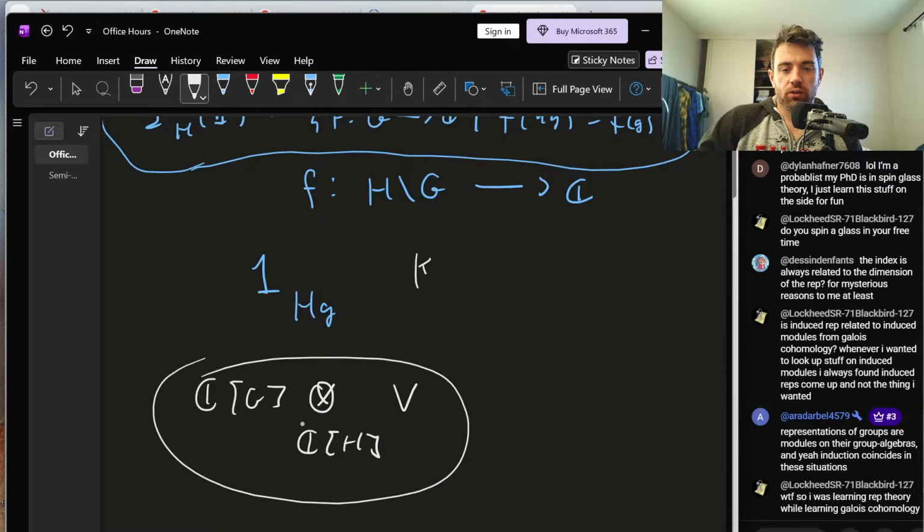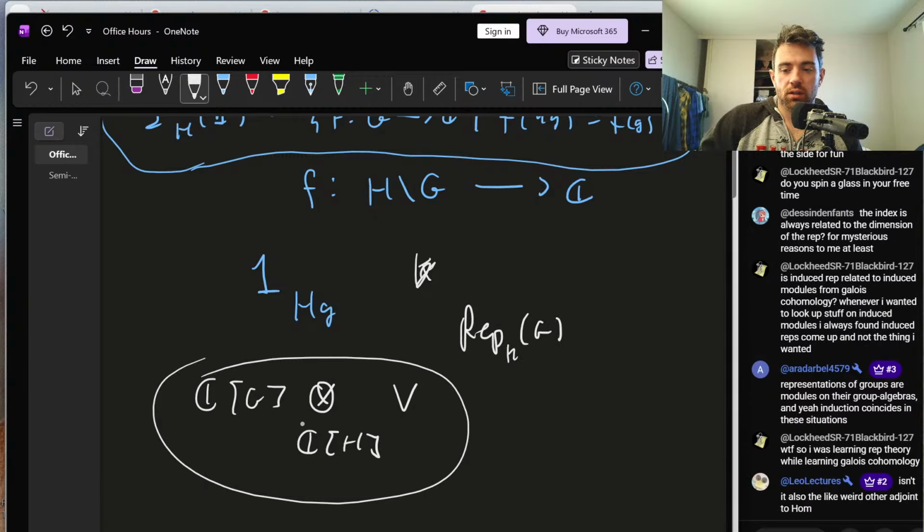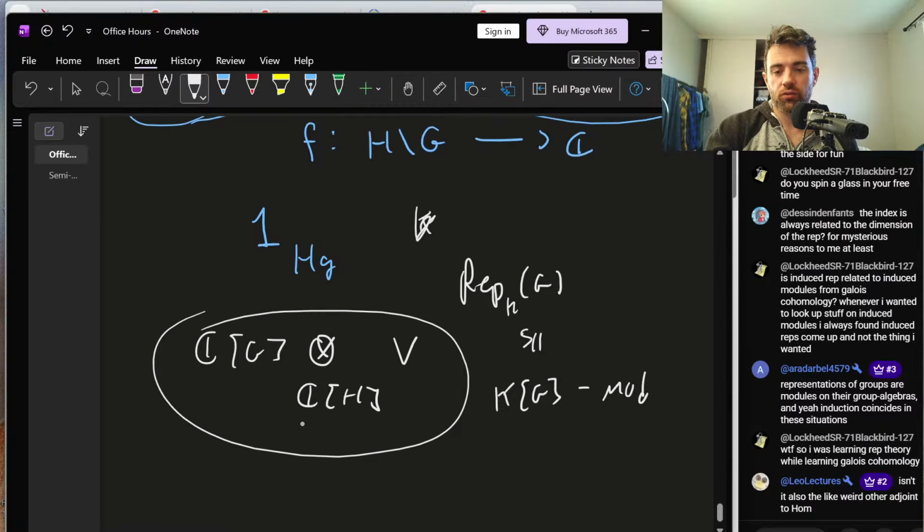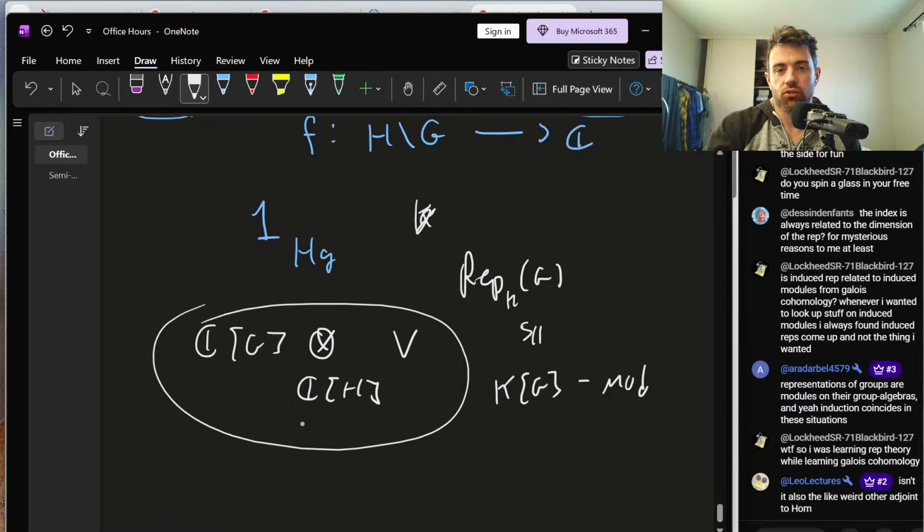For any field, the category of representations on k vector spaces is equivalent to modules over the group algebra of K, as Arad said. So really, representation theory of finite groups is just a special case of the study of modules.